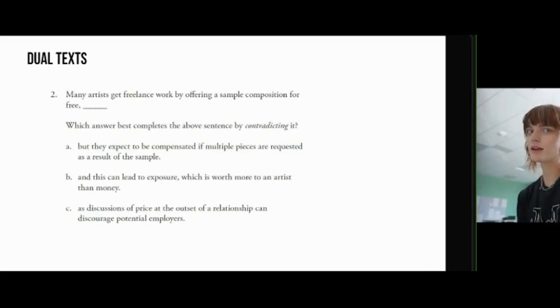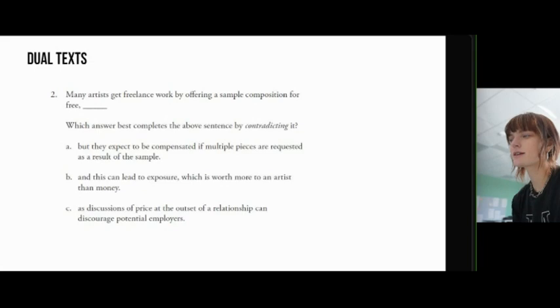So on this one, A is going to contradict the statement that is being made. And we know this because it is going against what is initially said about the artists, like the amount of compensation. Also, we see a transition word, but.